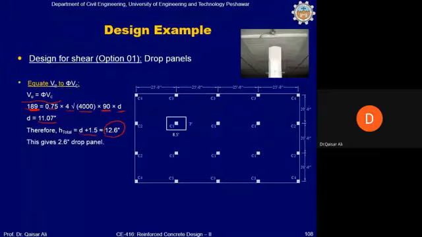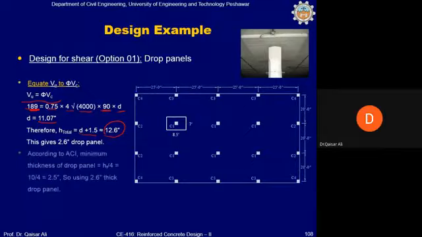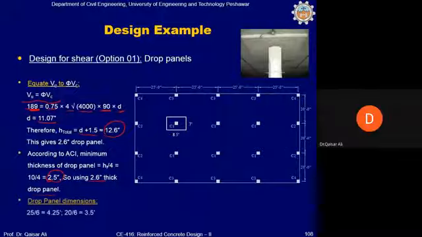If we want to keep the slab equal to 10 inch thick, as it was assumed in the beginning, ACI requires at least 10 by 4, 2.5 inch thickness, 25% of this. So 2.6 inch thick is enough. This will be provided in this manner: L by 6 on both sides. 25 by 6 is 4.25 feet, and 20 by 6 is 3.5 feet.